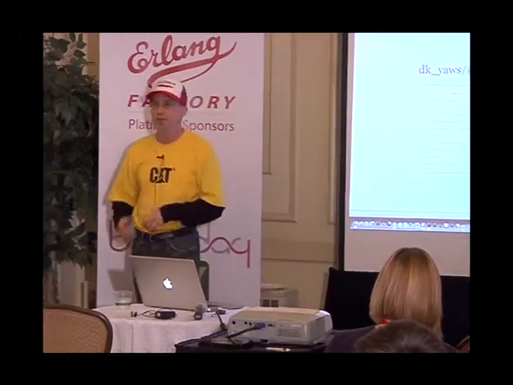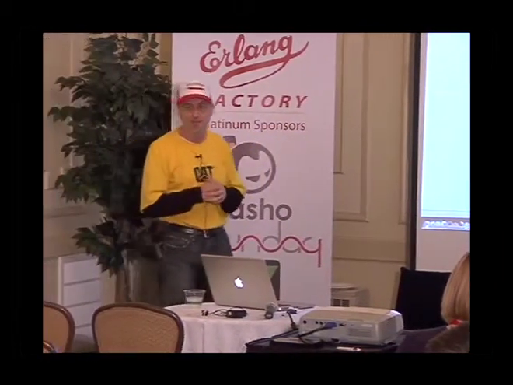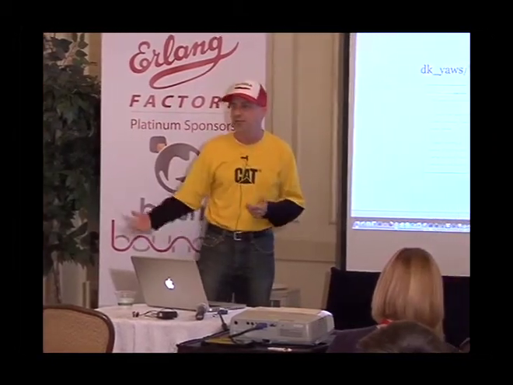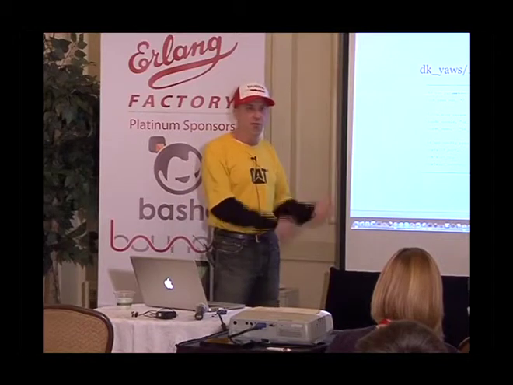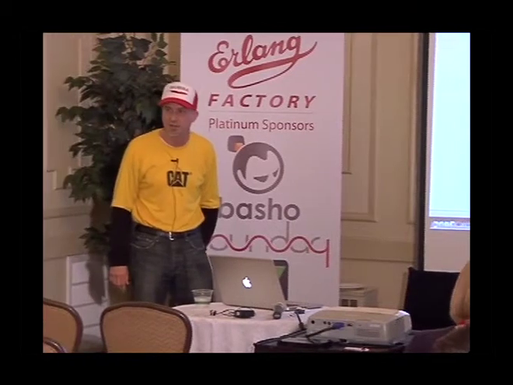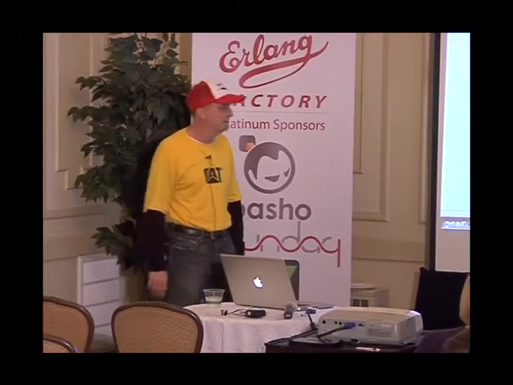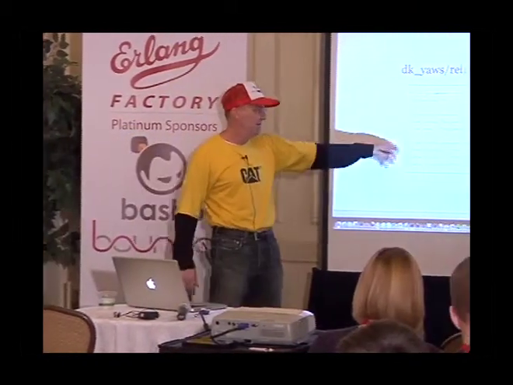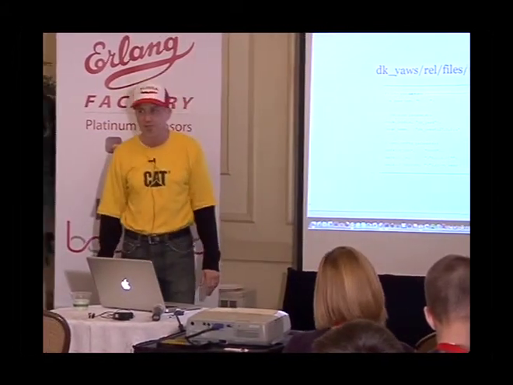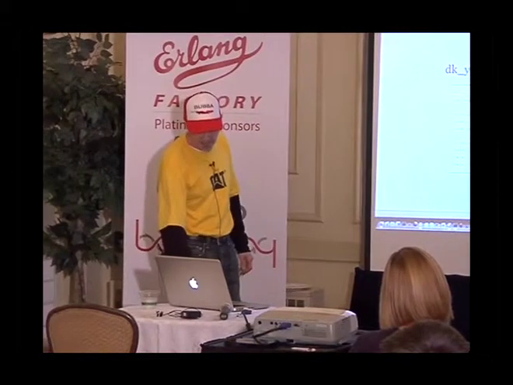Those are really the only parameters that are necessary to get started. Over time, I hope if people use DK-YAWS and contribute back to it, there'll be more options that become reasonable defaults as you use some of the features of YAWS that require other configuration parameters.